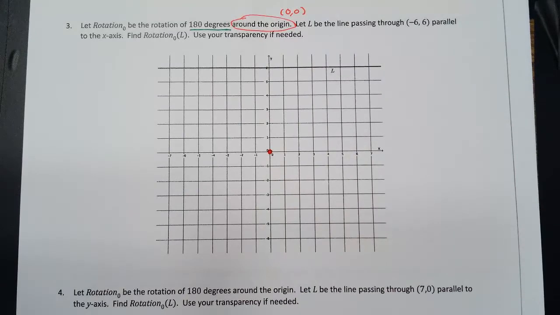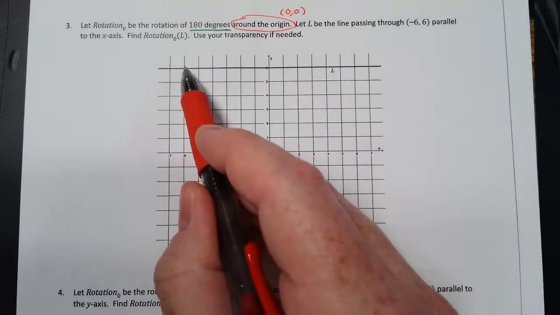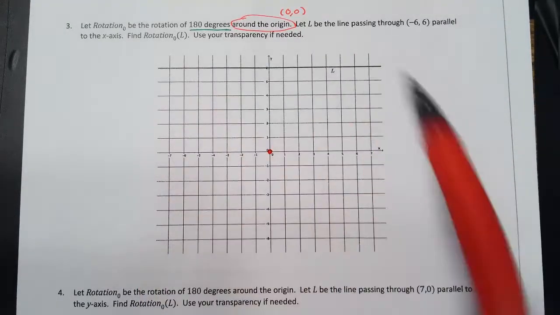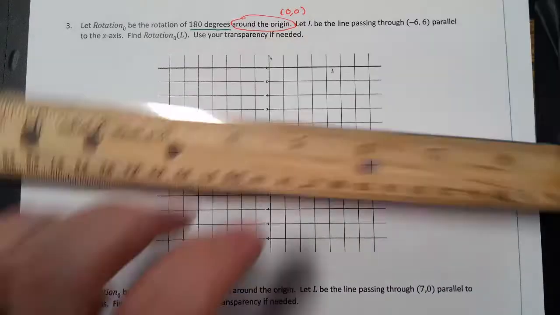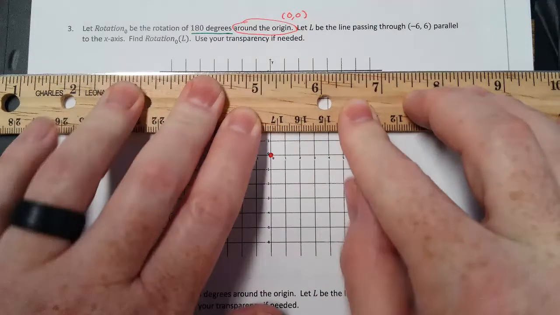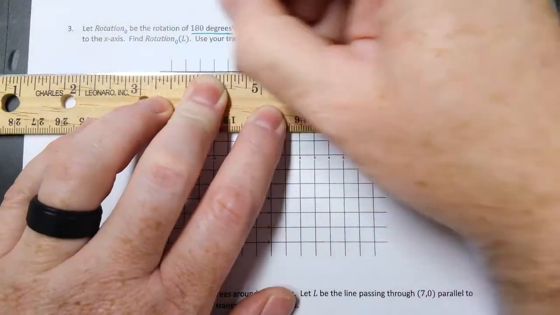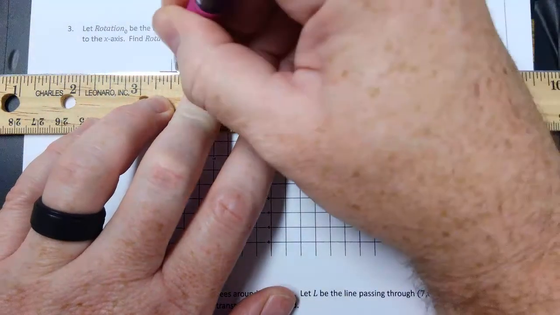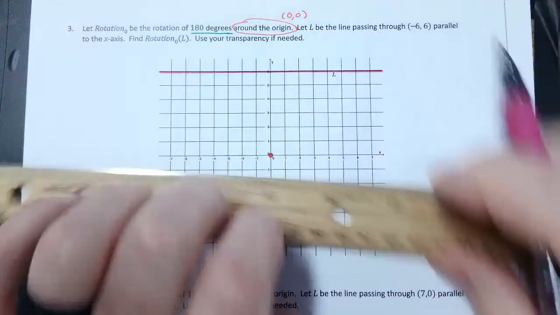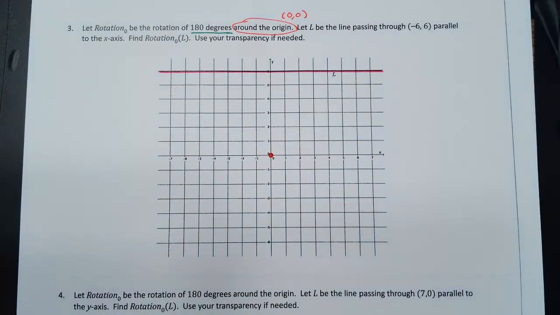And let L be the line passing through -6, 6, parallel to the x-axis. So they did the line for us. I'm going to make the line a different color so it might be easier for you to see what they're asking me to do. They're asking us to rotate this line around the origin.